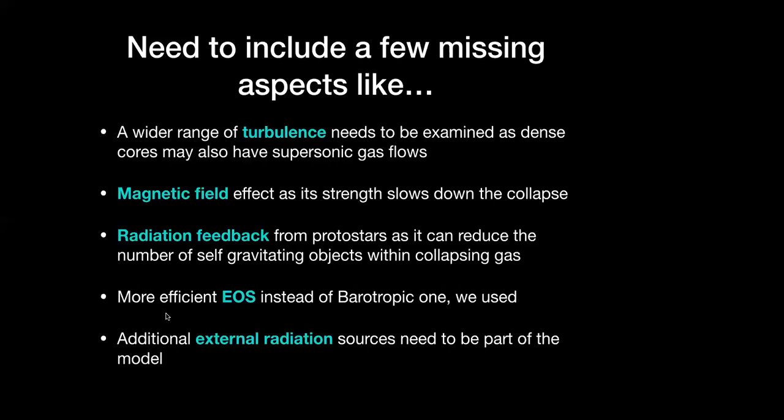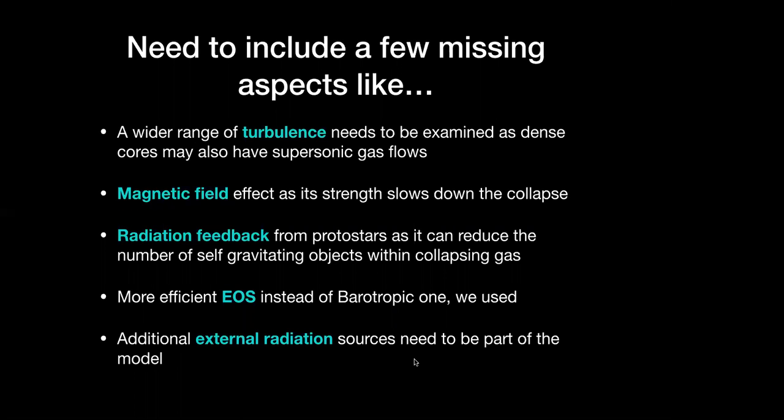So this is one of the caveats: radiation feedback ought to be considered when we try to model these aspects. And the equation of state that we follow is barotropic. Ideally, it would be nice to actually solve the energy equation rather than following the makeshift arrangement like the barotropic equation of state. And obviously for the external radiation sources, we just follow the CMB, but we know that the supernovae and the radiation from the nearby star forming regions can also contribute, and the cosmic rays can also contribute towards the minimum temperature of the pre-stellar gas clouds.